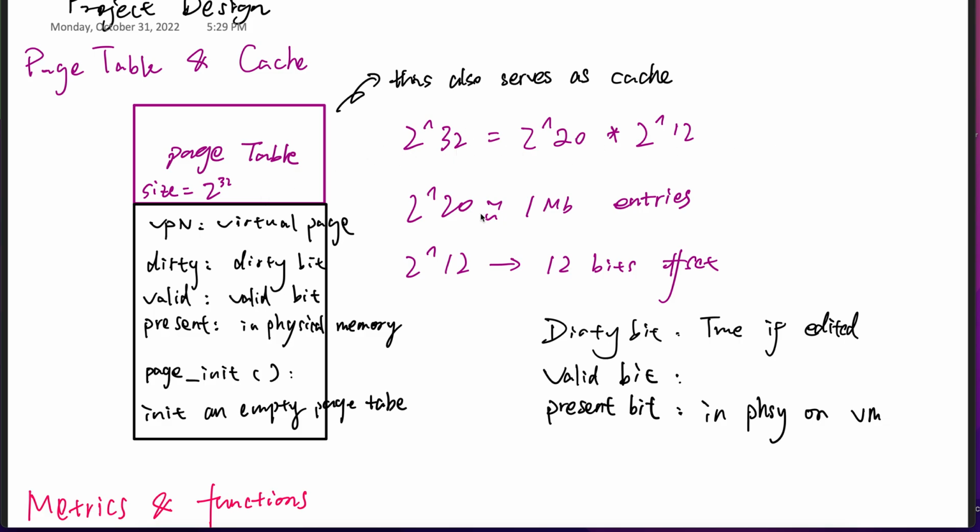And then after that, we save the start pointer to the page table. So when we have the start pointer and the virtual page address, we can use the offset to locate the physical address of that chunk of memory. Okay.